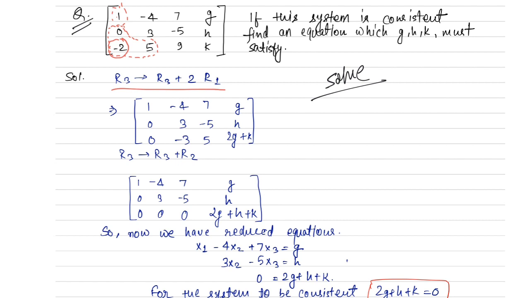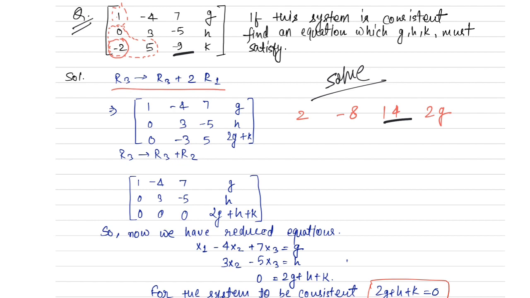If we multiply R1 by 2, it gives 2, -8, 14, 2G. -2 plus 2 is 0, 5 minus 8 is -3, and -9 plus 14 gives me 5, and 2G plus K gives 2G plus K.